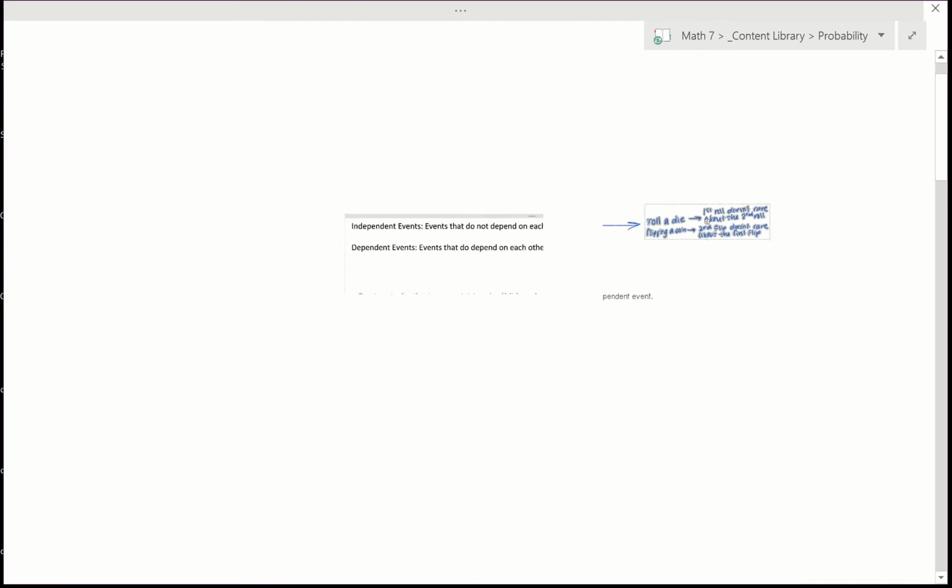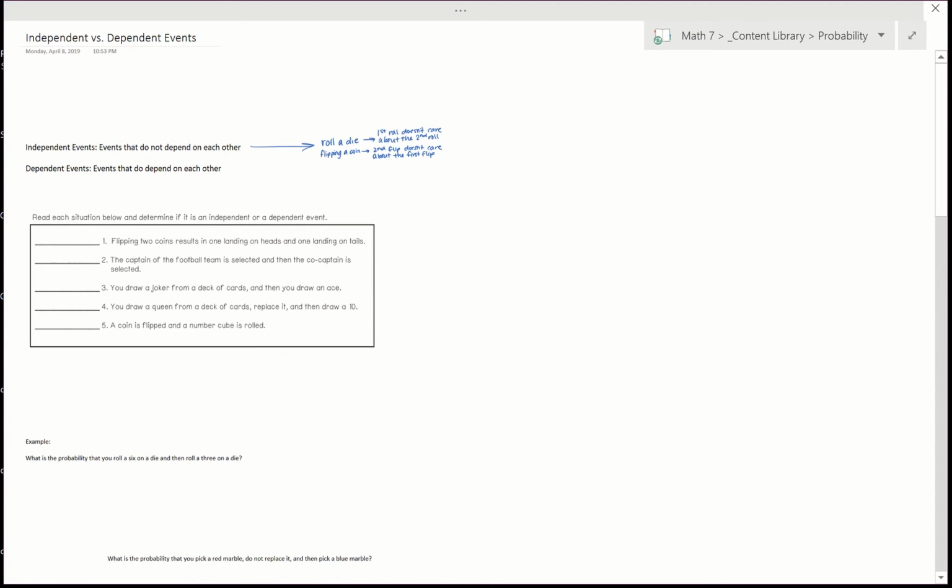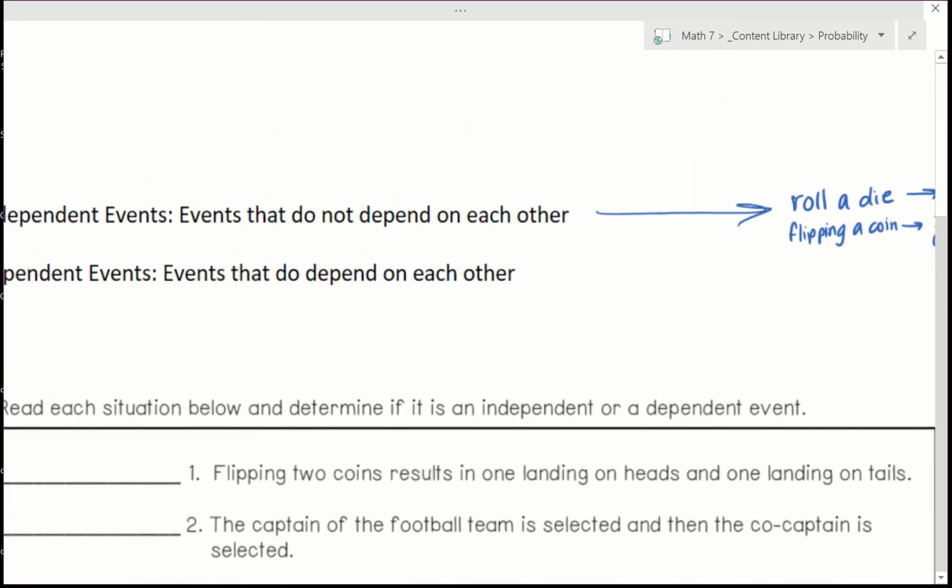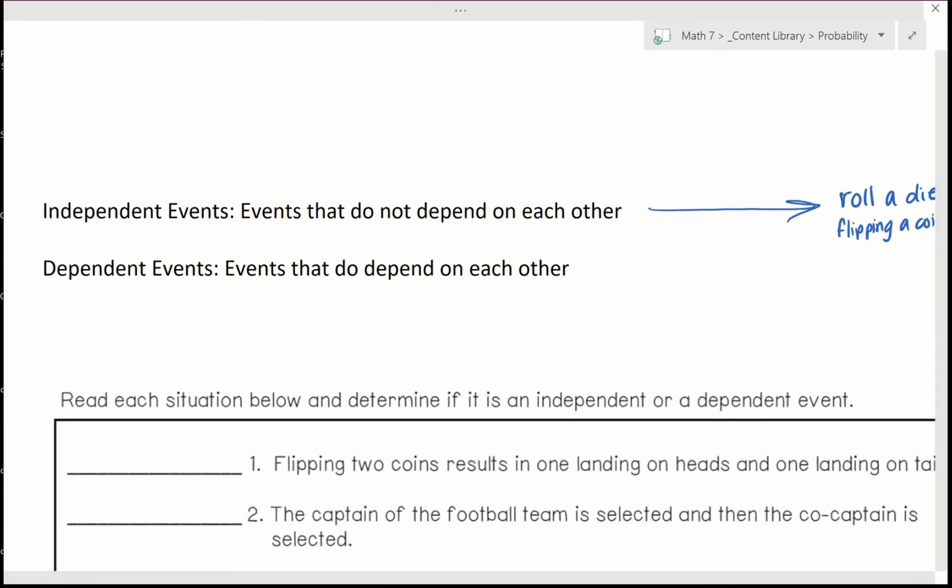So, let's go here. Now, dependent events do depend on each other. So, for example, if I have a bag of marbles, let's say I have a red one, a yellow one, a blue one, and a green one, then the probability of me getting a red one is different if I don't replace the red one.